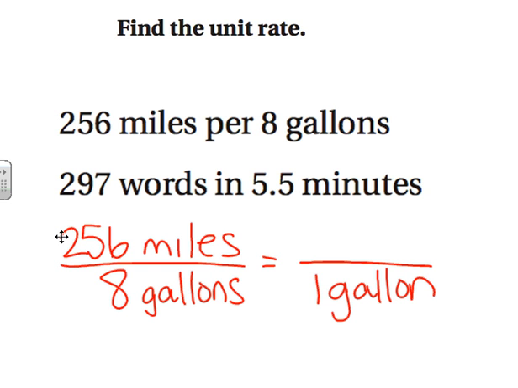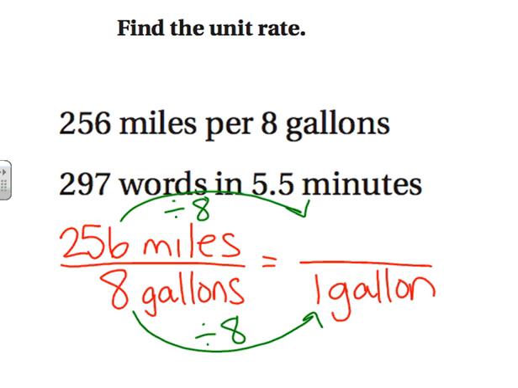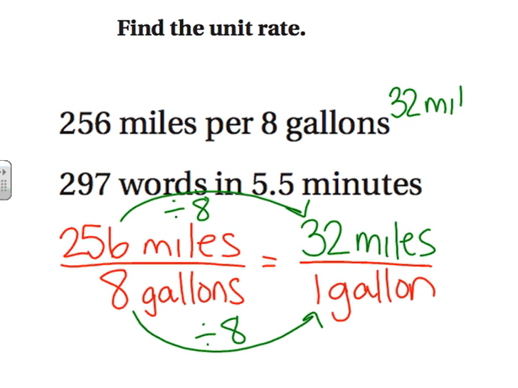So on the denominator, I'm going to look at what I'm dividing by, and I'm dividing by 8. So I'm going to do the same thing in the numerator. So 256 divided by 8 is going to give me 32 miles. Okay, so my unit rate is 32 miles per 1 gallon.